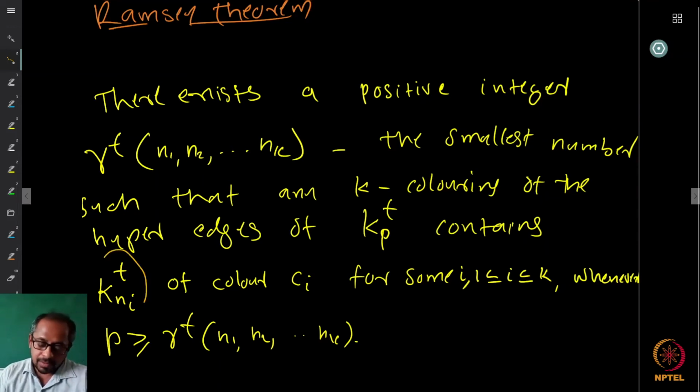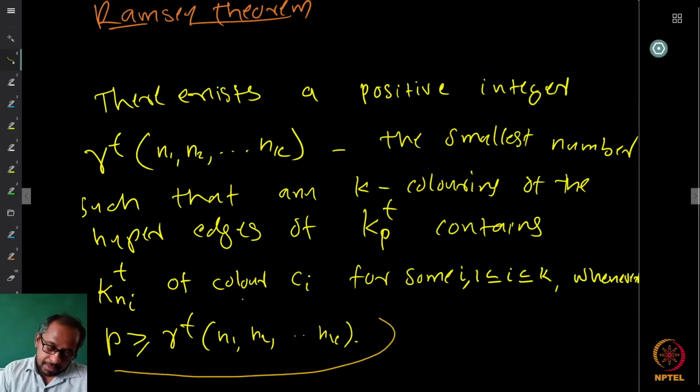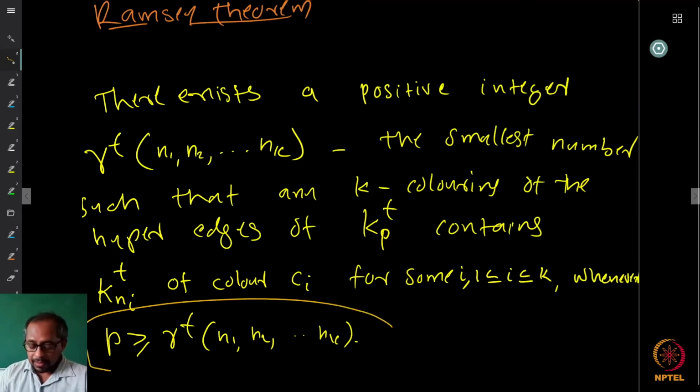K_{ni}^t of color Ci for some i. So K_{n1}^t of color C1, K_{n2}^t of color C2, etc., K_{nk}^t of color Ck, one of these, for every p greater than or equal to R_t(n1, ..., nk).